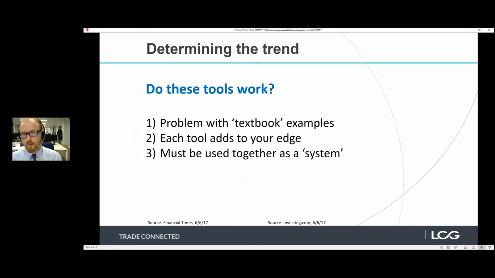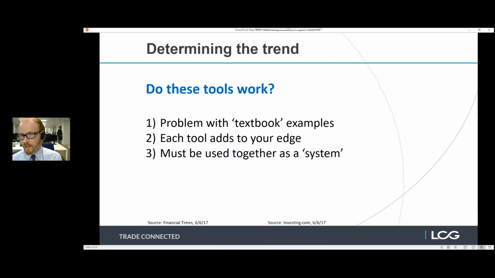So as I mentioned before, all of these tools add to your ability to determine the trend, but it's really using them together, or if you don't like one of these, maybe juxtaposing it with your own indicator, but putting them all together into a system is what helps you get a clearer picture and makes things a bit more objective. The idea is that you have enough tools in your belt where you have a certain criteria of what needs to be in place.